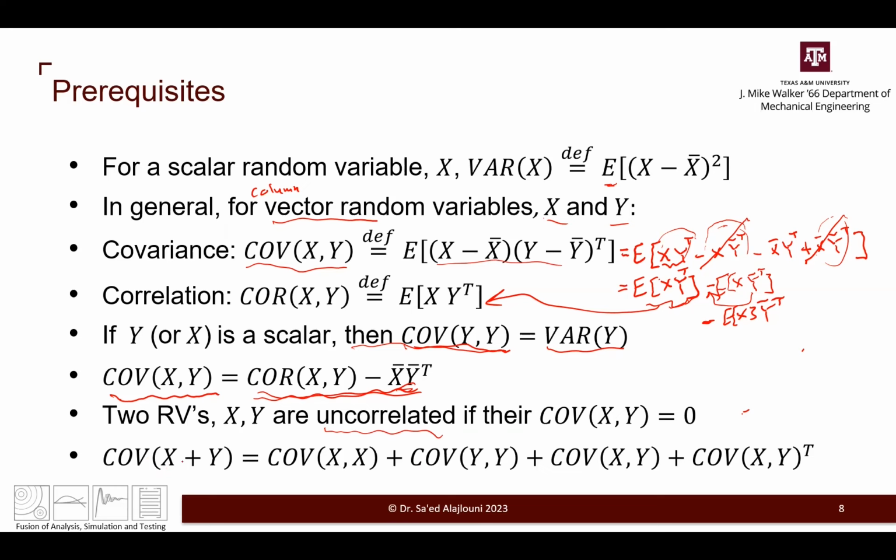The covariance of the sum is the autocovariance of x and the autocovariance of y, that is, the covariance of y with itself and x with itself, plus the cross covariance of x and y plus the cross covariance of y and x. But the cross covariance of y and x is nothing but the cross covariance of x and y transposed. So this is a matrix, and this is the same matrix transposed. If x and y are uncorrelated, then we get rid of the last two terms here.